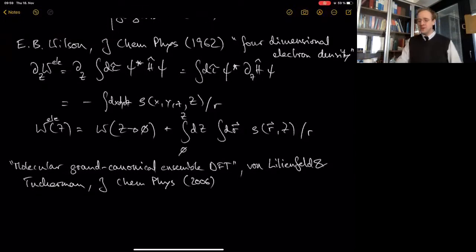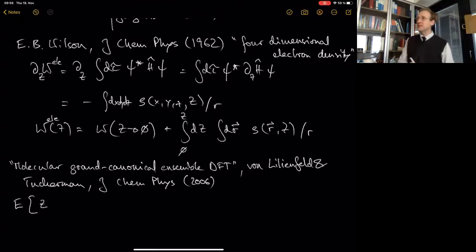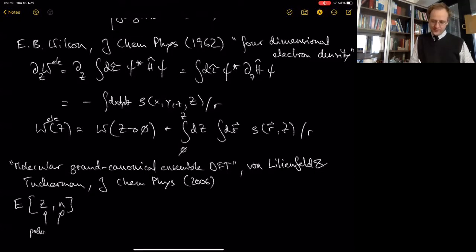So we noted down an energy functional in a proton distribution, Z, and an electron distribution, N. We presume bosonic, sort of classical protons, and fermionic electrons.